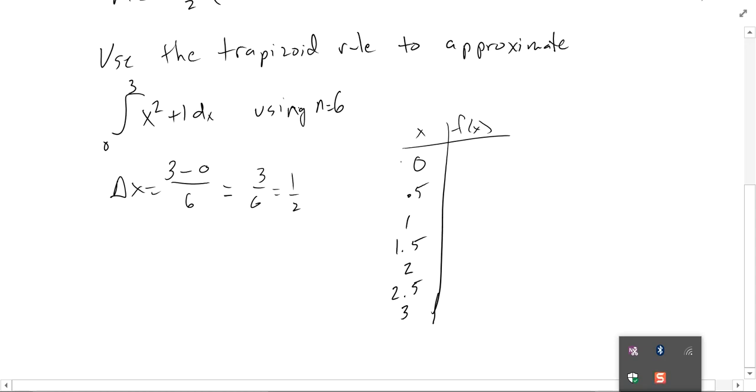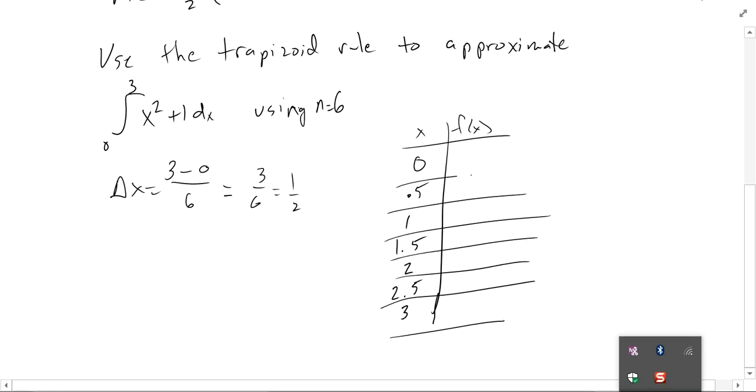So it should be 7 values: 1, 2, 3, 4, 5, 6, 7 different values there. I want to plug each one of those numbers into my function and see what the y value is. And by the magic of the internet, I'm going to make all those numbers appear. Ready? 3, 2, 1.